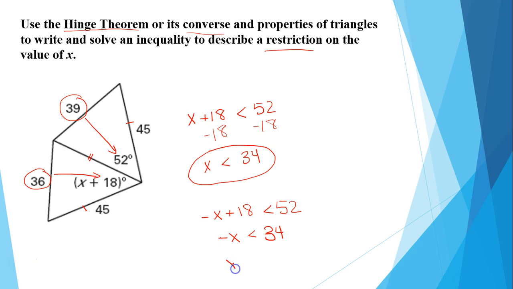And when we do that, we get x on this side, but we have to switch our inequality symbol and get -34 on this side. And we're done. Okay? So just remember that about inequalities. When you multiply or divide by a negative value, flip the inequality symbol to the other direction. And that's it. So this is a good review.